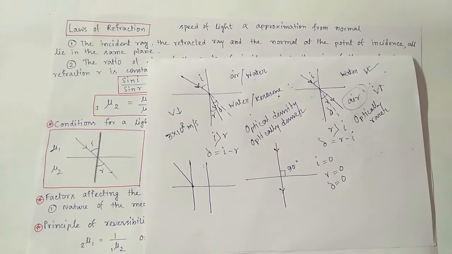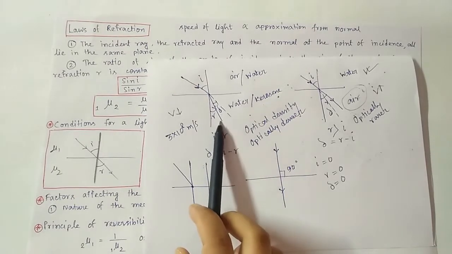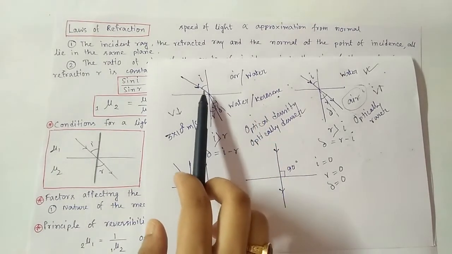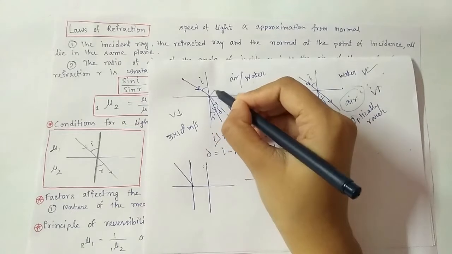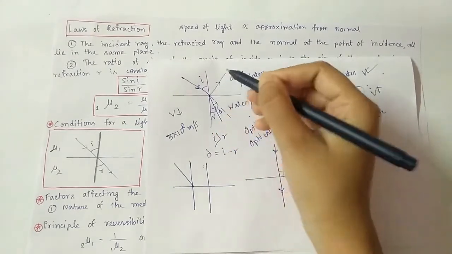Now, one thing you must remember is that the intensity of the refracted ray is always less than the intensity of the incident ray, because some amount of light will also reflect from this boundary.